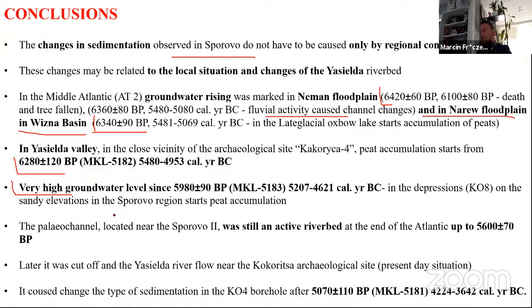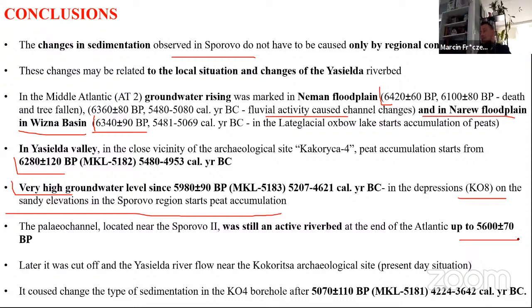And the same humid period caused the appearance of peats in the depression near the Kakoryca 4 site, KO8. I'm sorry, I'm in bad conditions, 8, not ocean, sorry. And it's caused by this event. Also in Sporovo, this paleochannel could still be active in the Atlantic period, even up to 5.6 thousand years before present.